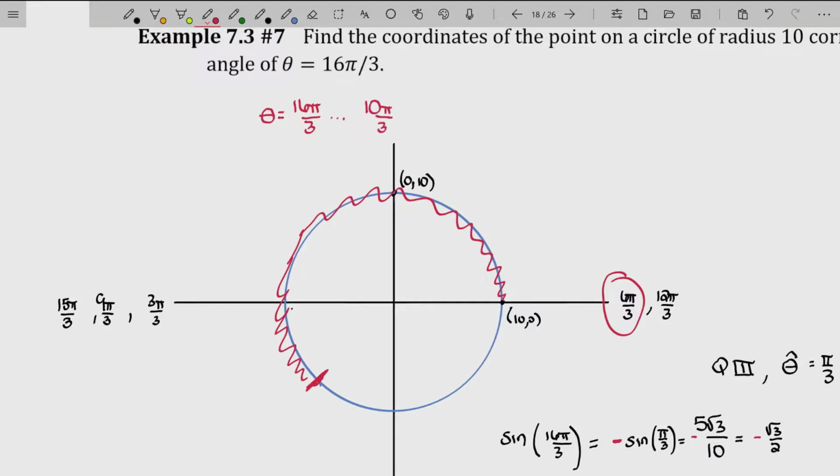That's me losing 6 pi over 3, or a full rotation. And step it down again, losing another 6 pi over 3, to 4 pi over 3. I have unwound this a couple times until I get to an angle that's less than 2 pi, and then I can evaluate the trig functions at that angle instead.